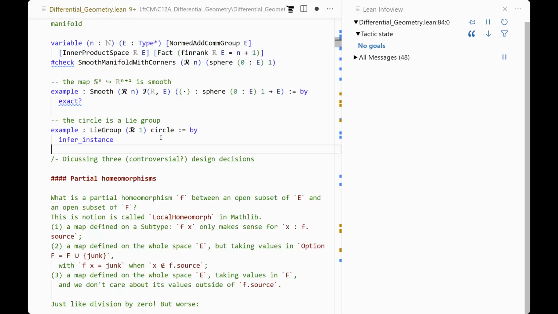So, for example, if you compose these two charts, you start with this point in this chart, you move it here, and then you want to move it in this other chart back to H, you have to keep proving over and over again that it lies in this source, and that is kind of inconvenient. Of course, when proving things about these maps, we always have to know that it makes sense. But because of this inconvenience, we decide something else.